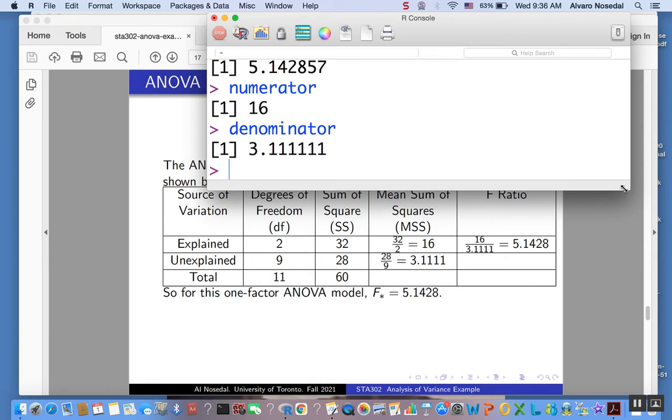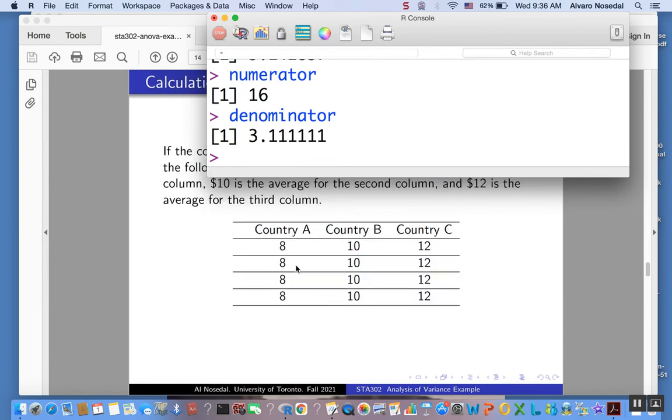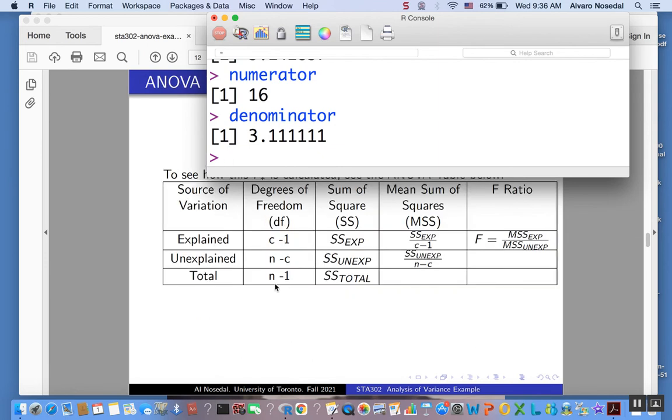The ANOVA table is just a way of finding your test statistic for a partial F-test. So the idea is, in the degrees of freedom, for the total, in general, you're going to have n minus 1.